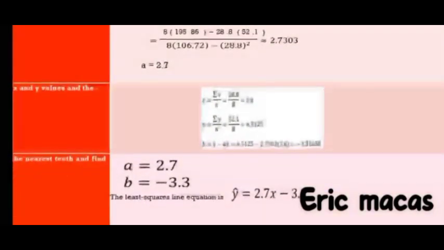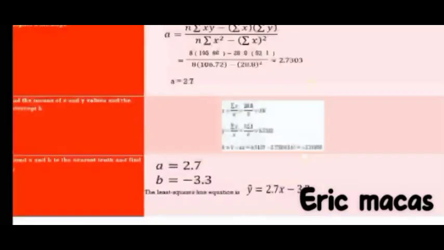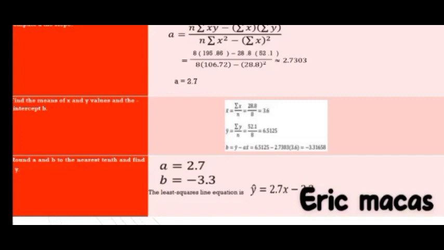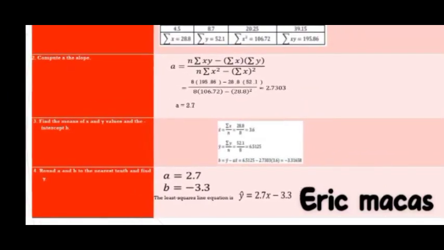The third step is to find the means of the x and y values and the intercept b. The summation of x is 20.28 and n is 8, so the mean of x is equal to 3.6.